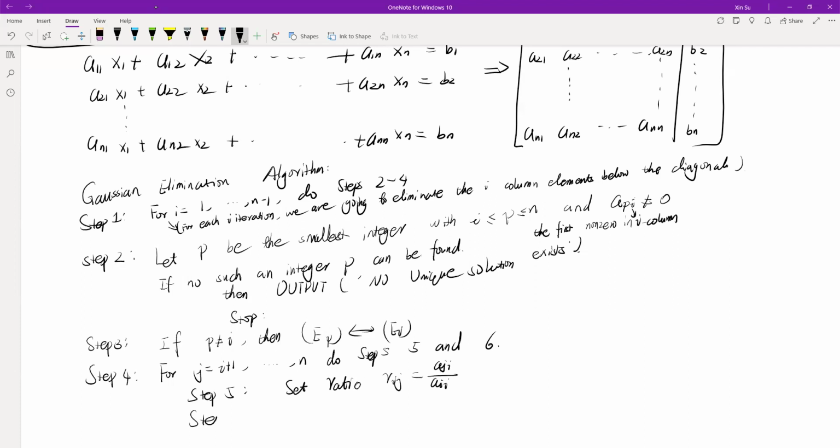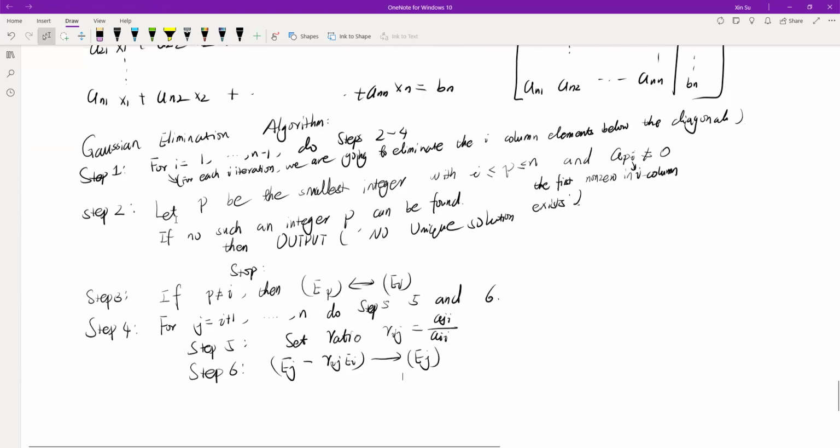Step 6 is to get the new value for row J: we take R_ij times E_I and replace the original E_J with this result to get the new row J.